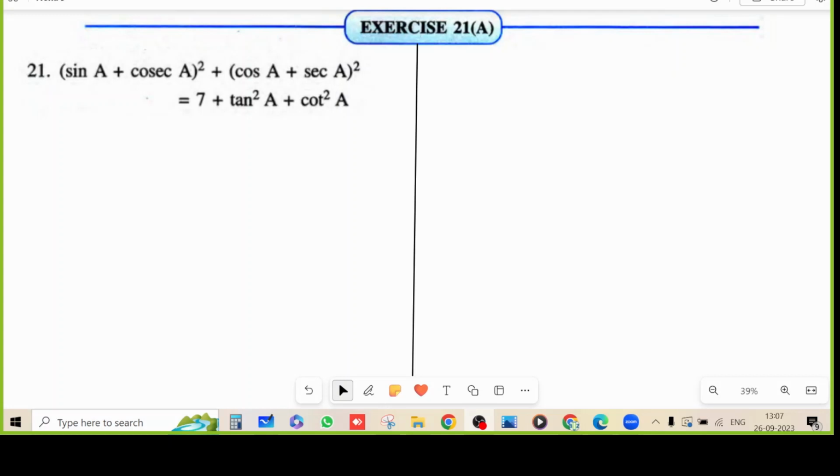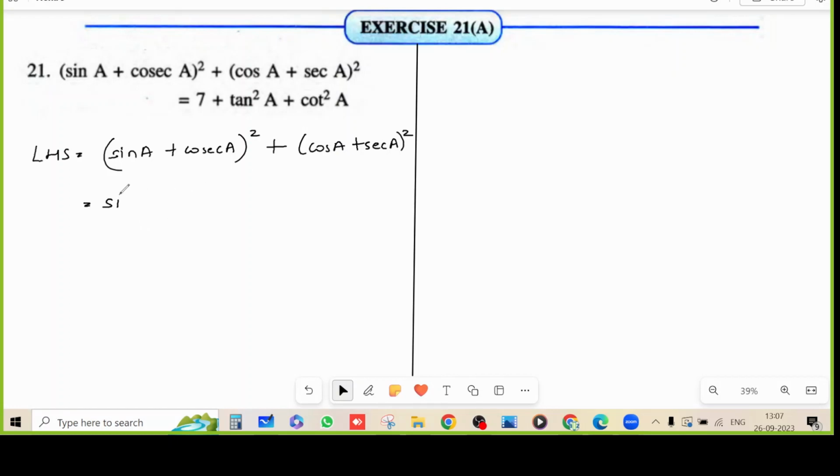Let's now begin with question number 21. The left hand side here is given as (sin A plus cosec A) whole square plus (cos A plus sec A) whole square. Now we will use the formula (a plus b) whole square and expand it.